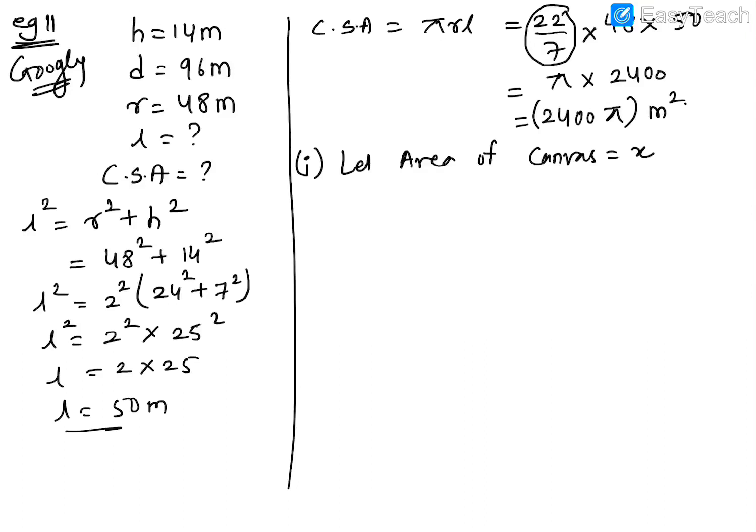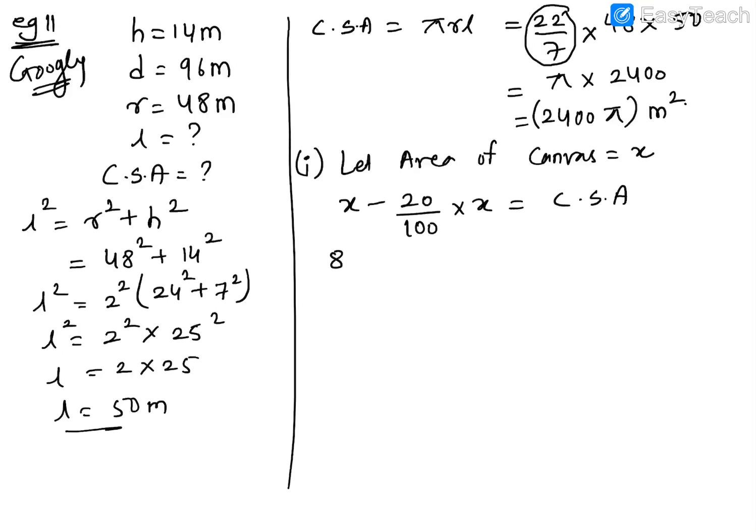Whatever was the area of the canvas, 20% of it is used in stitching. So the area of the canvas minus 20% of it used in folds and stitching will be equal to the curved surface area of the cone.